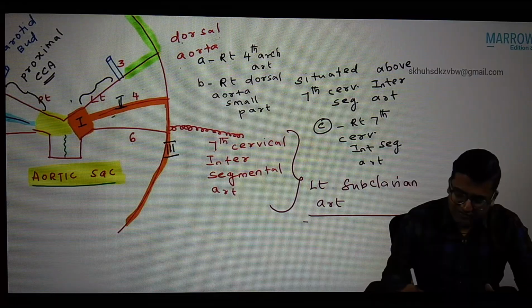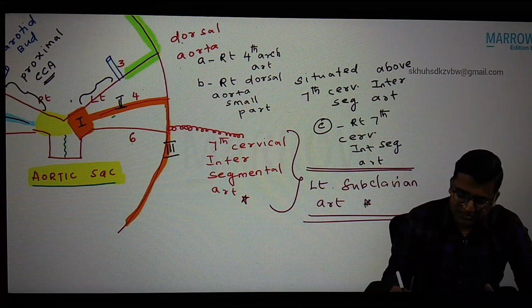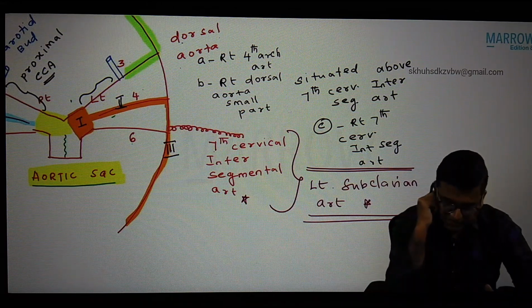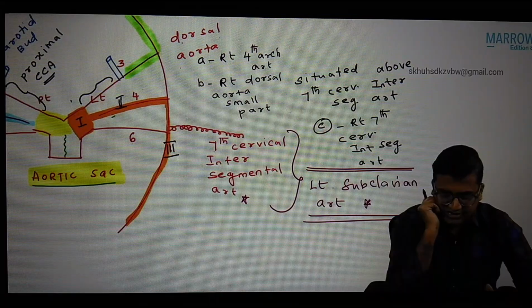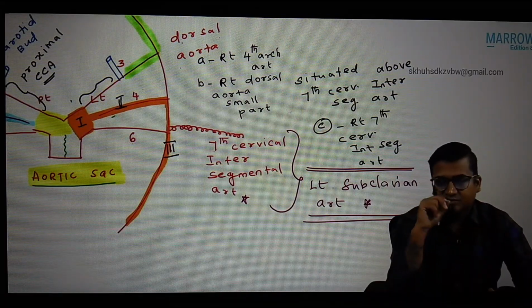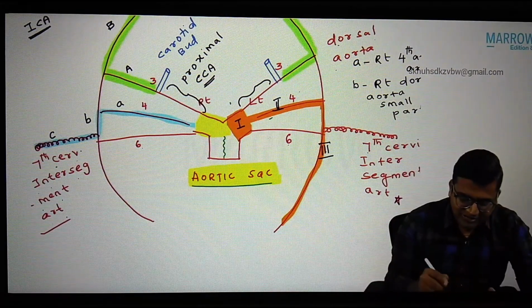Please give some star mark. So the left subclavian artery is derived from the left side 7th cervical intersegmental artery.